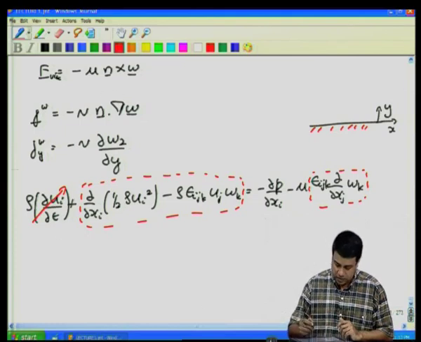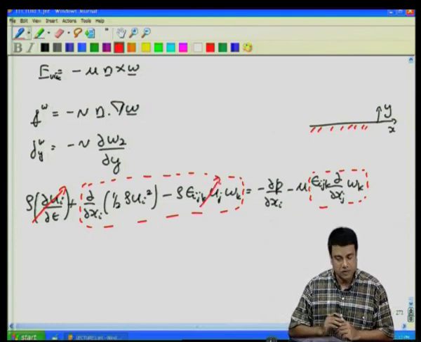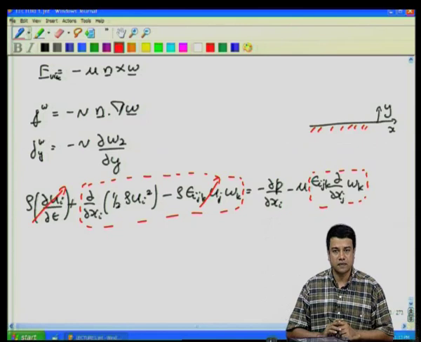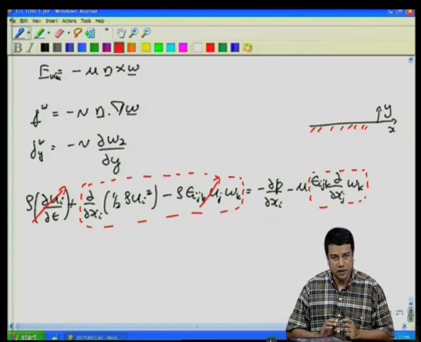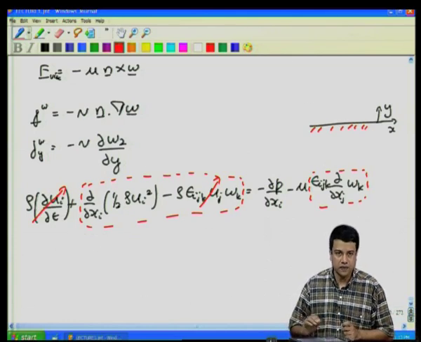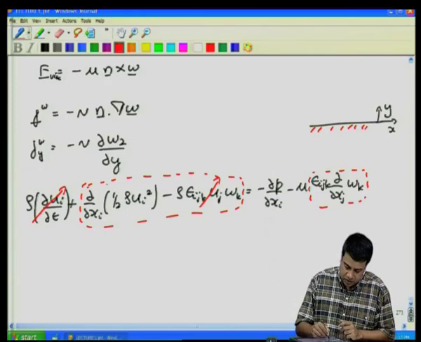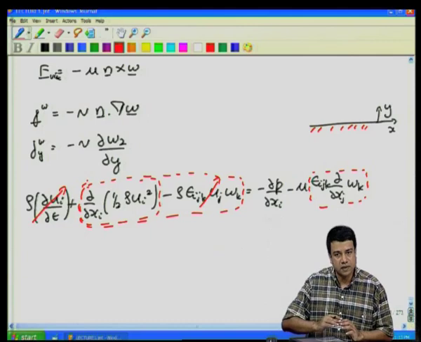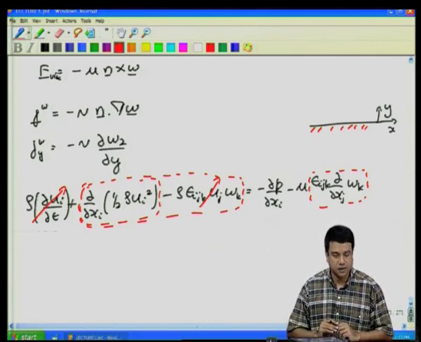The next two terms, this term goes to 0 because the velocity is equal to 0 at the surface, this no slip condition. And if we are looking at the variation in the vorticity in the x momentum conservation equation, this term is also equal to 0 because I know that the velocity is equal to 0. Therefore, the gradient of velocity along the flow direction is equal to 0.